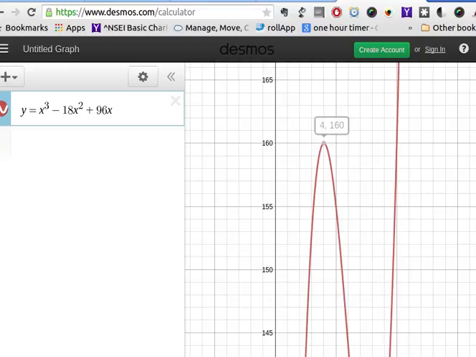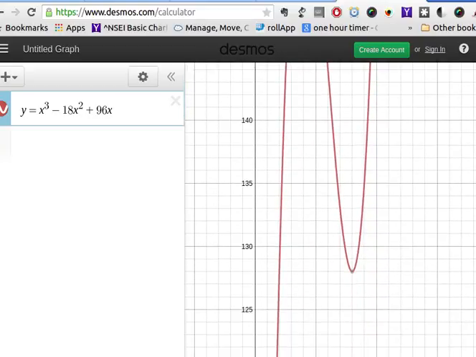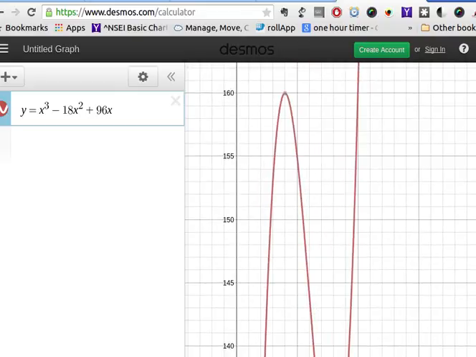The maximum is 160 at x is equal to 4, and the minimum is here, 128 at x is equal to 8. So what we have found is absolutely correct. The minimum value occurs at x is equal to 8 and the minimum value is 128, and the maximum value occurs at x is equal to 4 and the value of y max is 160.